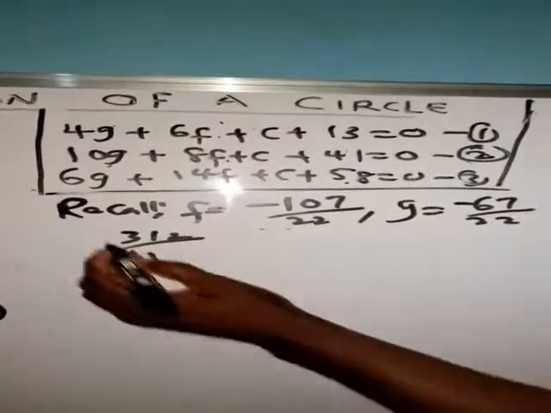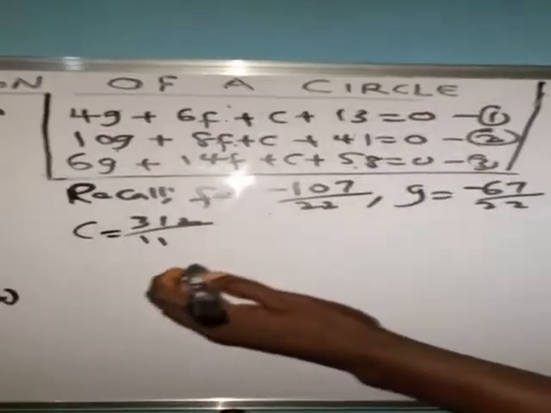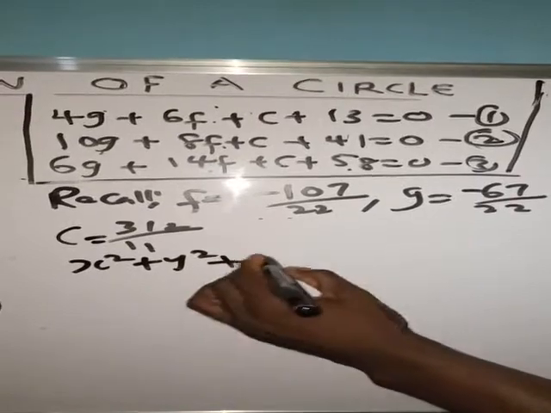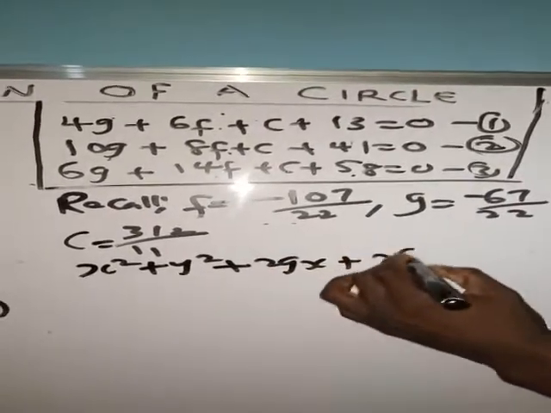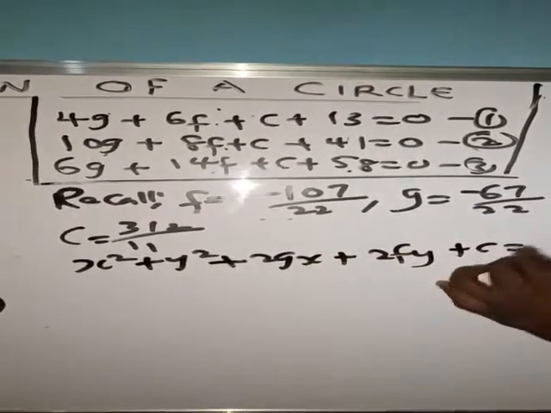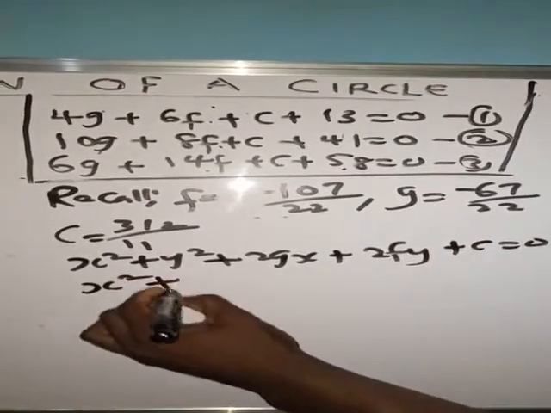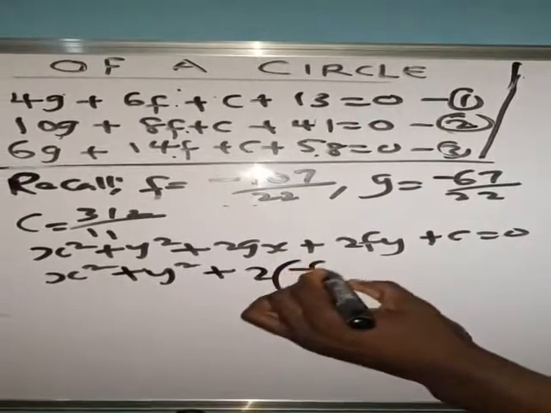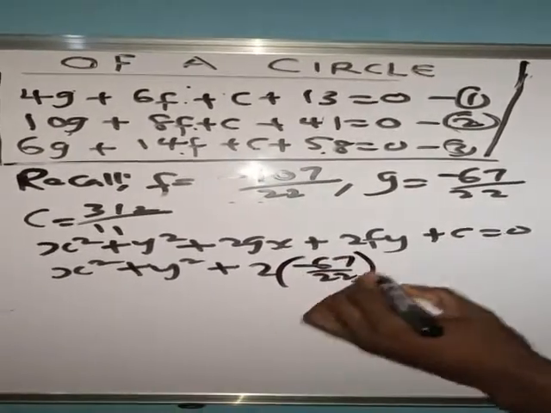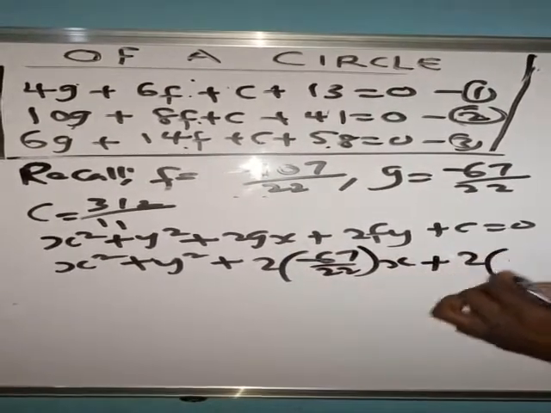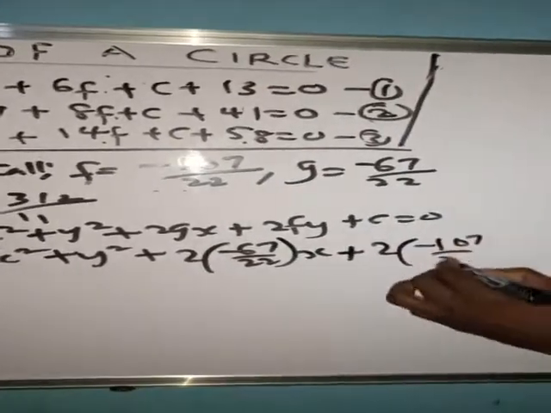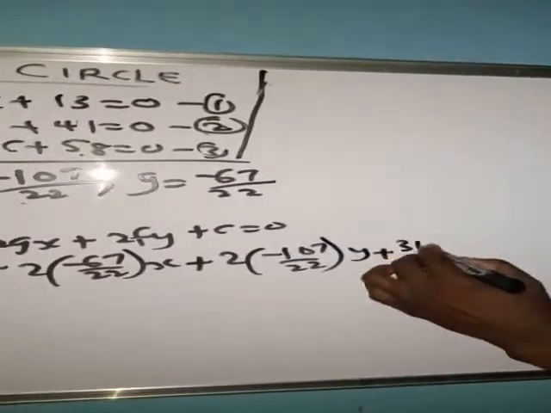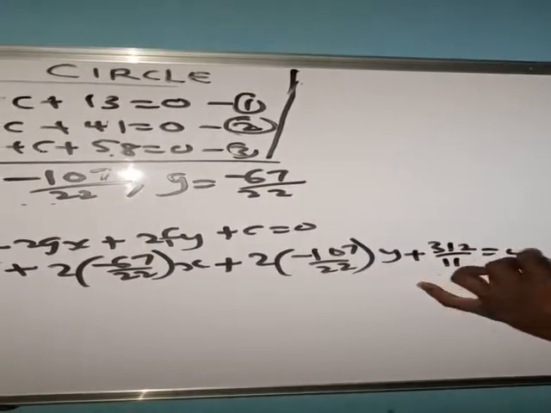Now to get the equation of the circle, we have x squared plus y squared plus 2gx plus 2fy plus c is 0. So x squared plus y squared plus 2g, g is minus 67 over 22, x plus 2f, minus 107 over 22, times y plus c, 312 over 11, is 0.